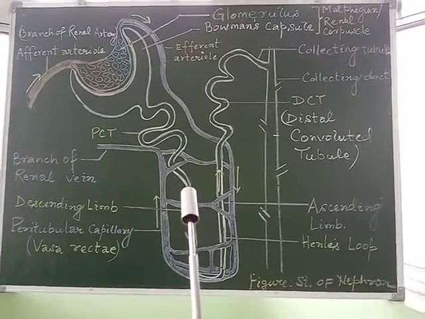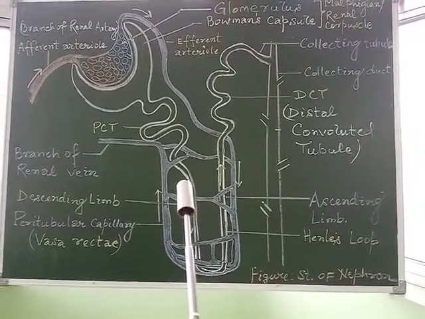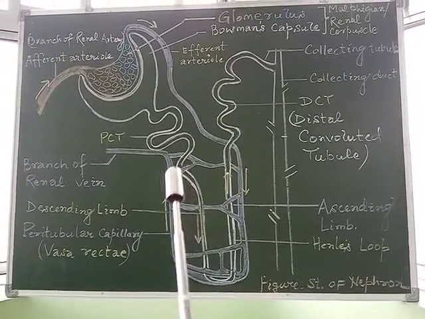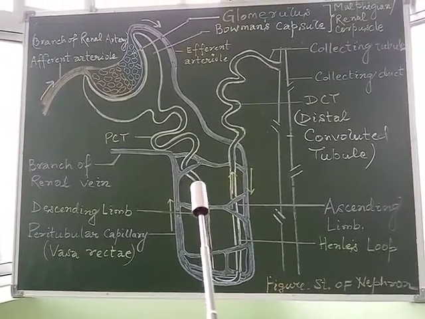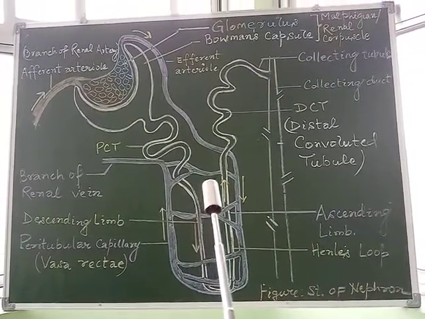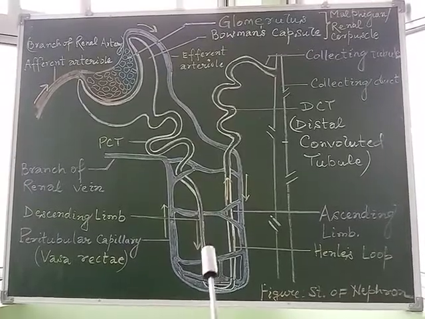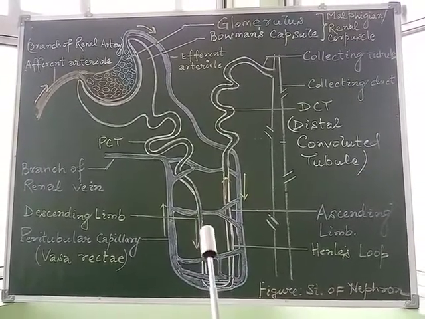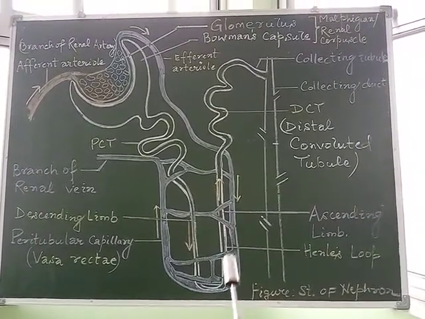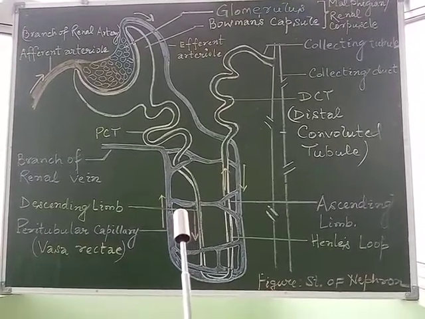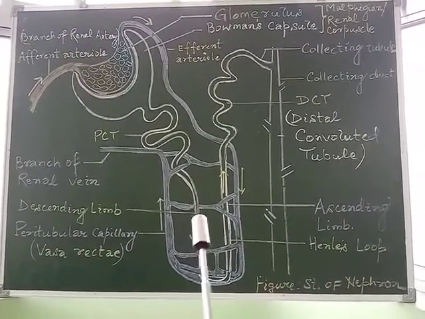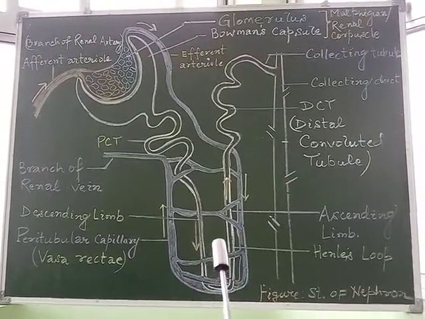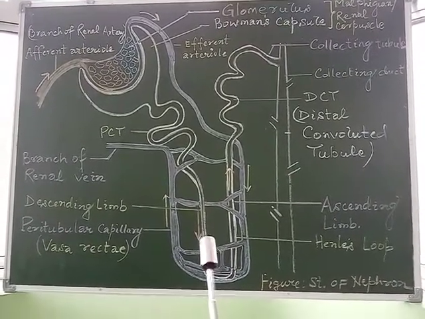One is the active transport, in which energy is utilized, through which glucose, amino acids, vitamin C, sodium ions, potassium ions and a large amount of calcium ions are reabsorbed back into the blood, whereas certain substances are reabsorbed through the passive transport method in which energy is not utilized.